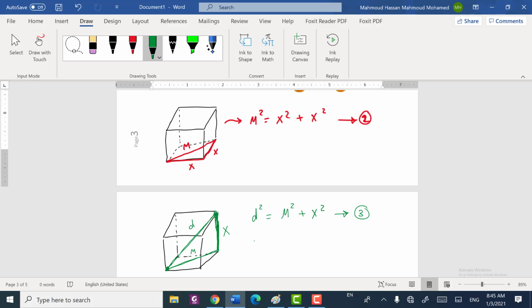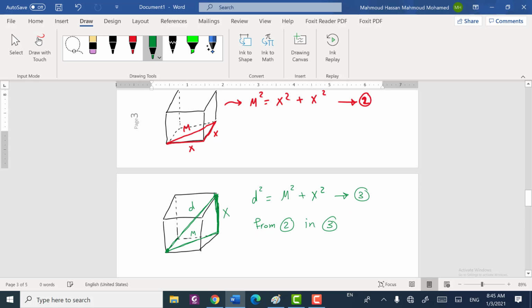From 2 and 3, we remove the value of m and represent it as x squared plus x squared. So we'll find d squared equals x squared plus x squared plus x squared, replacing m squared by x squared and x squared.